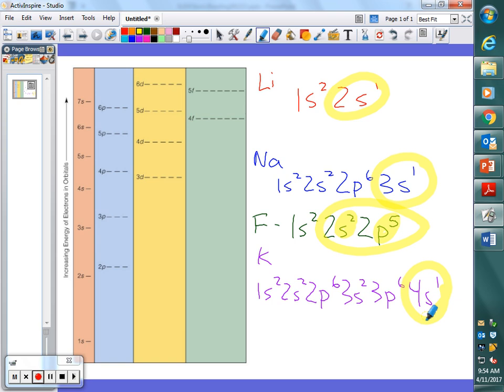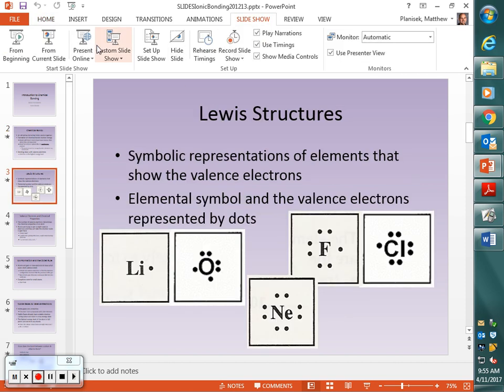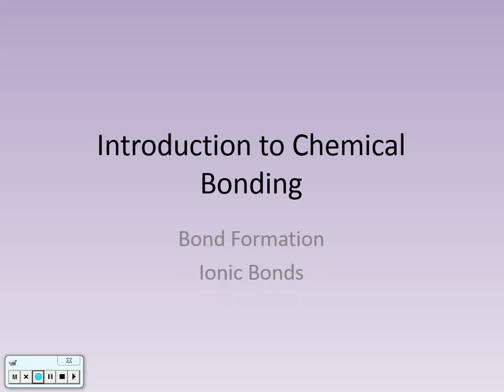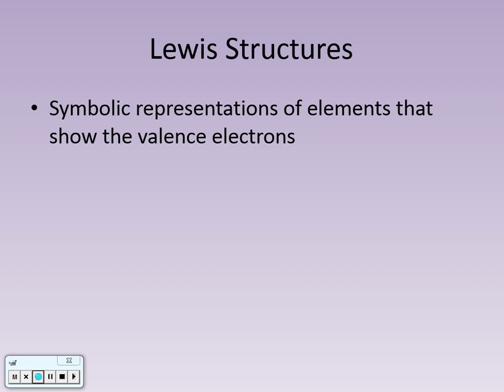All right. But we don't need to know this whole electron configuration, because when we're talking about bonding, what are the only electrons we're really concerned with? Valence electrons. So let's come up with a shorthand way of representing just our valence electrons, and we do that with something called a Lewis structure. A Lewis structure is a symbolic representation of elements that shows the valence electrons.